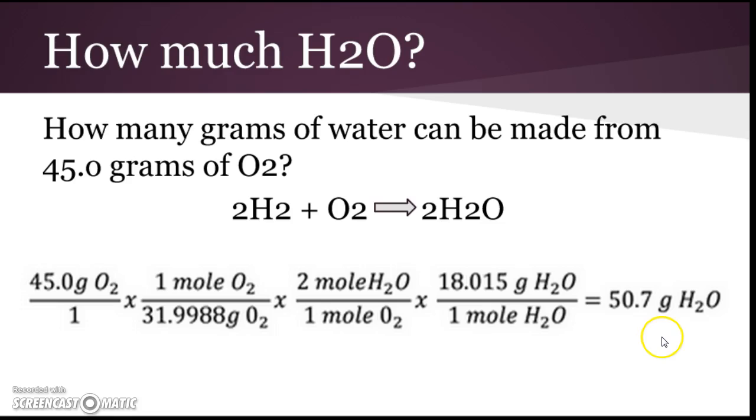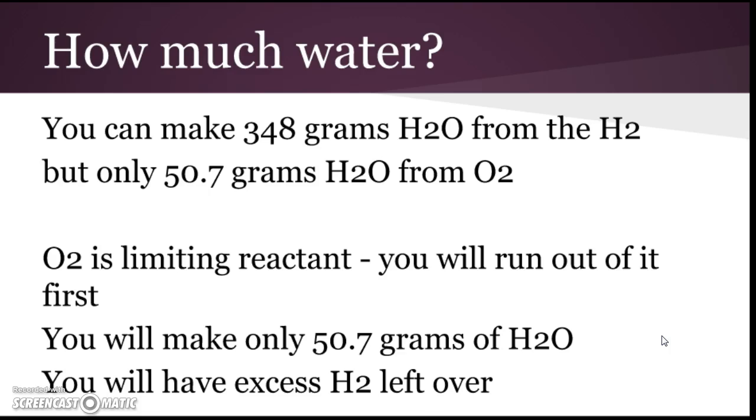This time I come up with an answer of only 50.7 grams of water. So how much water can I actually make? Well, if I could use all the hydrogen, I could make 348 grams of water. However, I am limited because I can only make 50.7 grams of water from the oxygen I'm using.